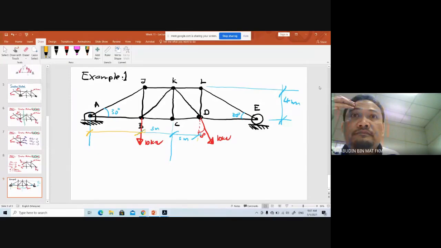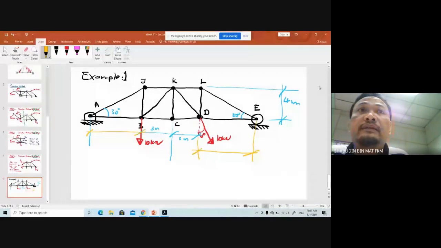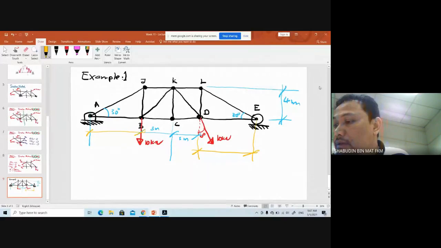The distance is also not given from B to D. So tan 30 degrees is equal to 4 over AB. Then you can get AB for me.